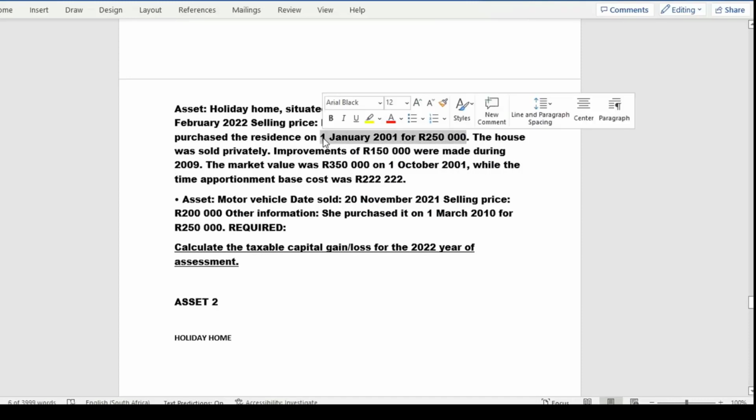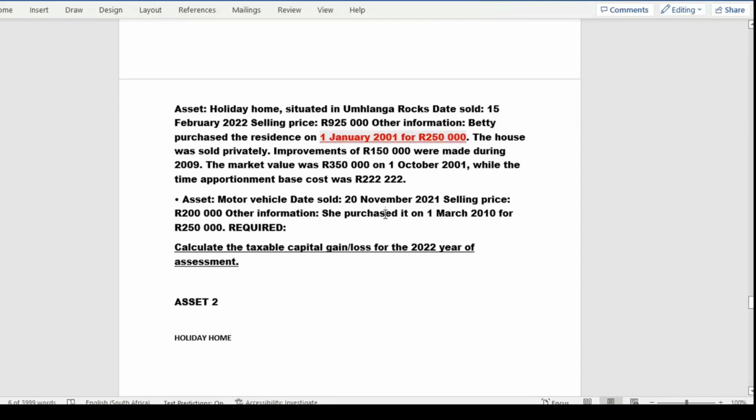The house was sold privately, with improvements of 150,000 made during 2009, and the market value was 350,000 rand on the 1st of October, while the time apportionment base cost was 222,000.